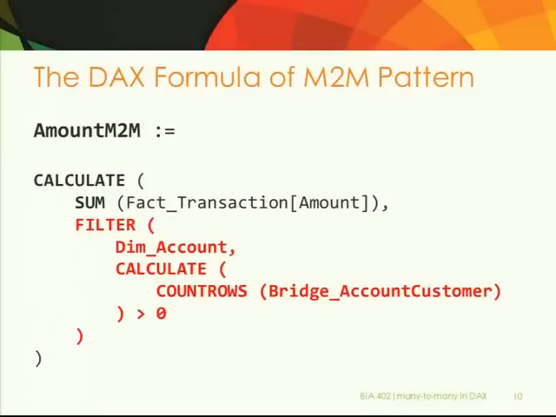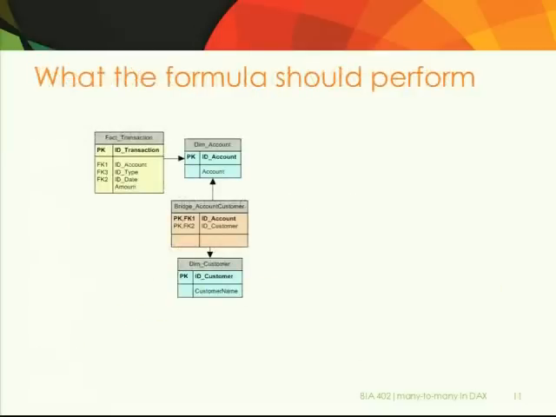Have a look at it, and then we try to understand how the formula works, what we need to do looking at the data model. We have this data model, and we know that there is a filter on customer, because my user takes the customer, puts it on the slicer, and decides to filter all data for a single customer. So the filter starts on dim customer.